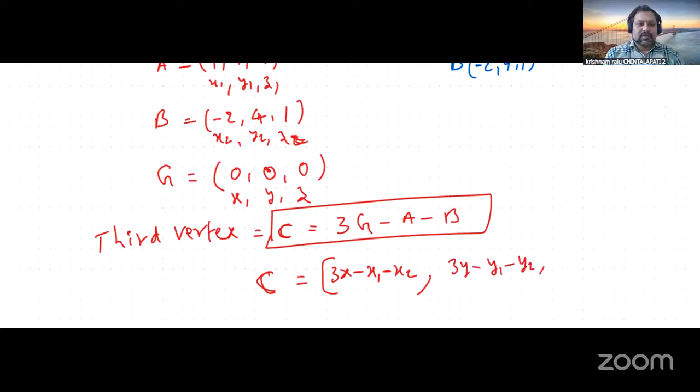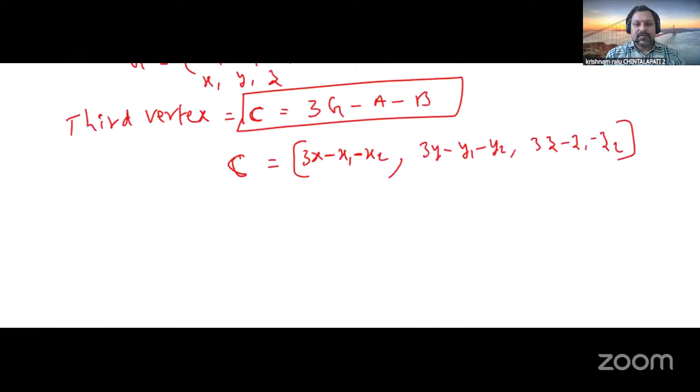Now substitute the values. 3 times x, which is 0, minus x1, which is 1, minus x2, which is minus 2, so it becomes plus 2. 3 into y value 0, minus y1 value 1, minus y2 value 4. 3 into z value 0, minus z1 value 1, minus z2 value 1.